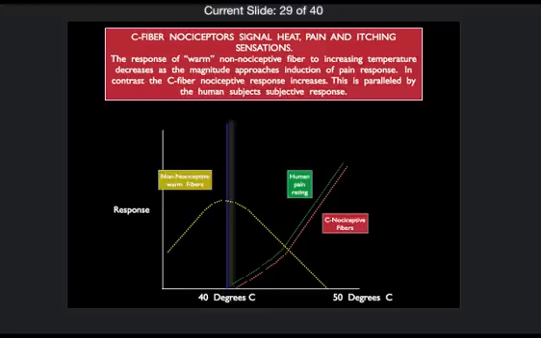That if you take a non-nociceptive heat-detecting fiber, at 40 degrees, it's giving the maximum frequency of discharge. And then if you carry it further, it drops off. That is different than a C nociceptive fiber, which increases its firing and is paralleled by the subject's reporting of discomfort.